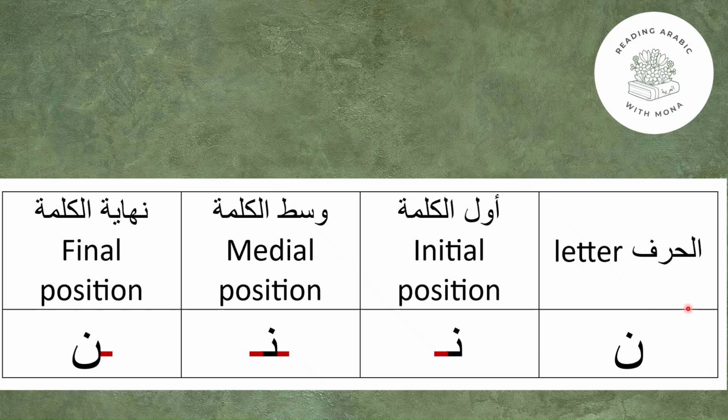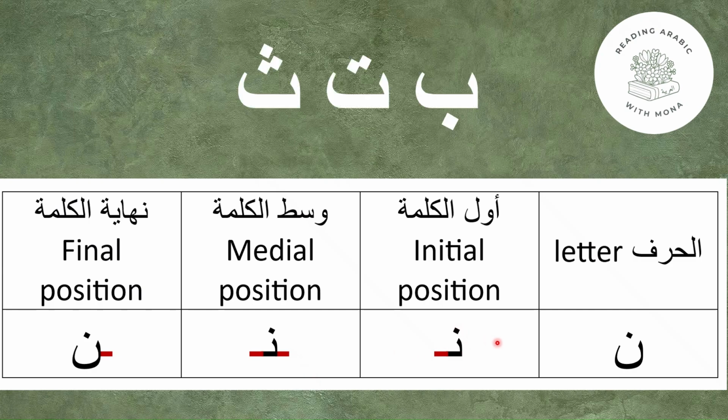So as you can see here, the letter Noon is a highly cooperative letter because it agrees to get rid of its distinctive feature. It has its curve and agrees to look like the letters I just asked you if you're familiar with from previous lessons, and yes, they were the Ba, Ta, and Tha.